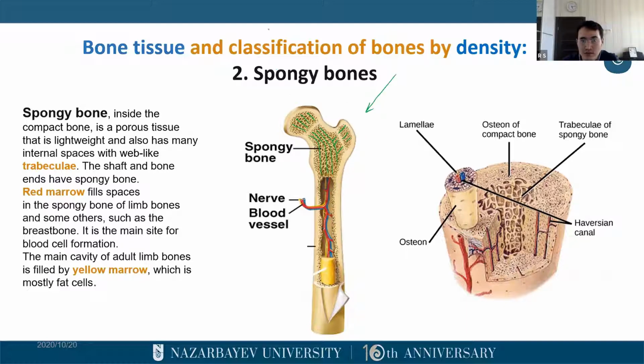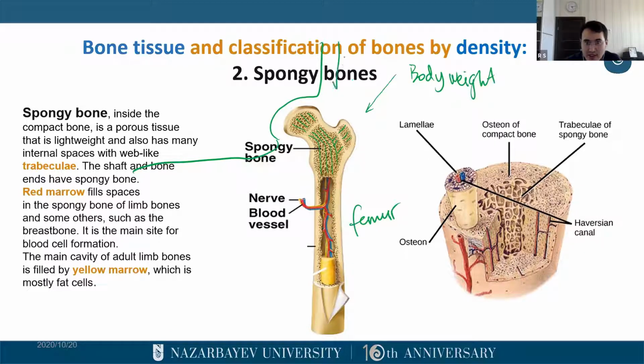So let's say our body weight, because here we have the pelvis. So this is femur, or the first bone of the leg. And just imagine the whole weight of the human that gets like this, okay?